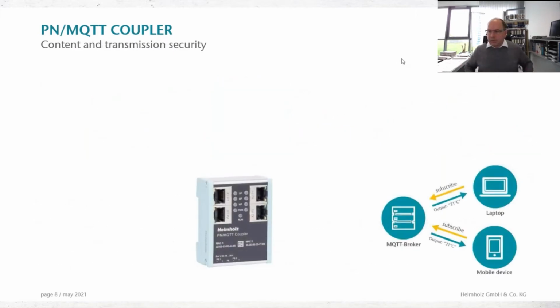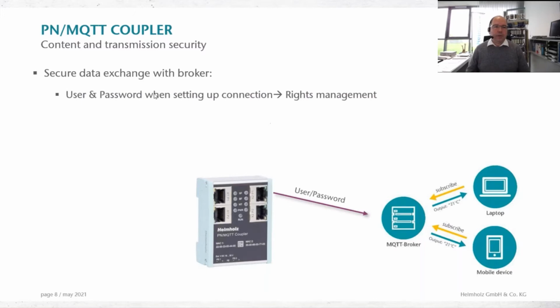Okay, so this is totally easy to exchange data. And also a big topic is always security. And security is organized with different measures. We have a user password possibility in MQTT, just the username and the password. And the MQTT broker knows all users and passwords and also the access rights.